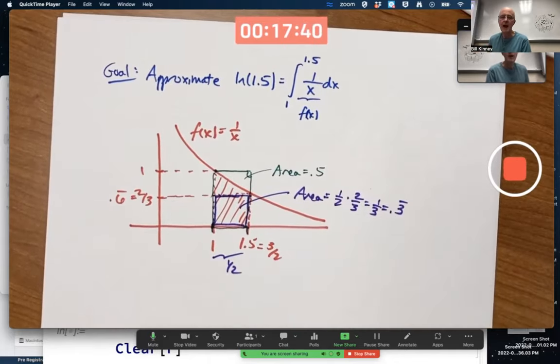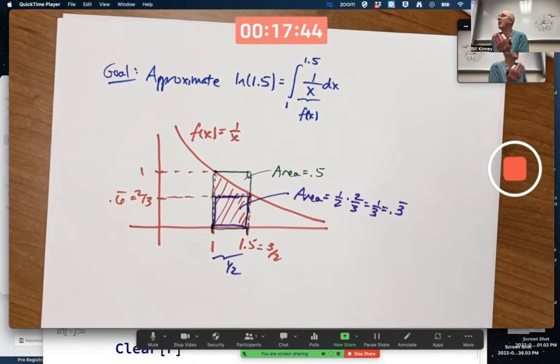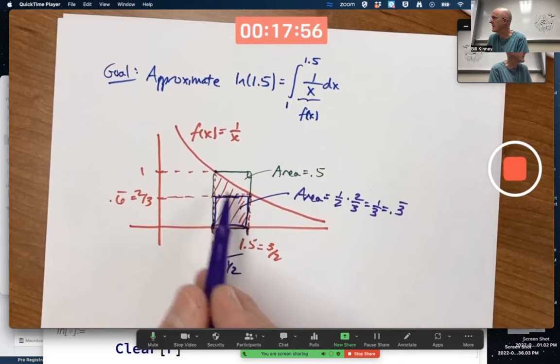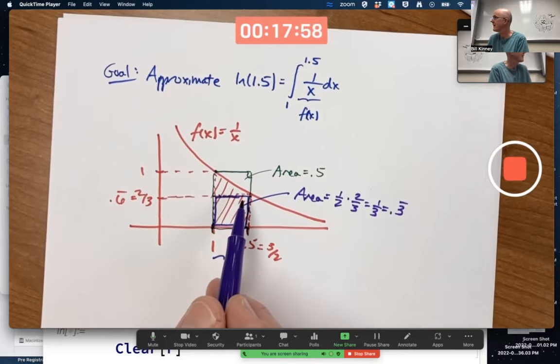The true area we're after, which represents the true value of the natural log of 1.5, is somewhere between 1/3 and 0.5. Maybe about halfway between them, about. Not exactly, because of the curvature. If the graph were a straight line, it would be halfway between them.